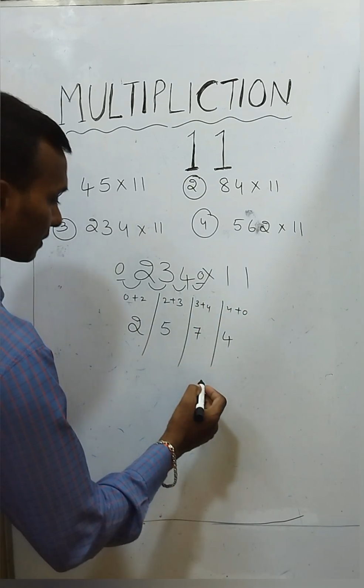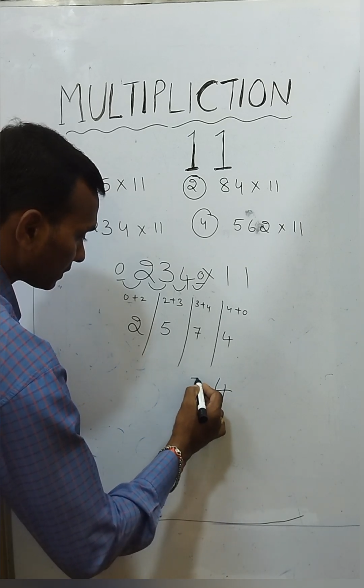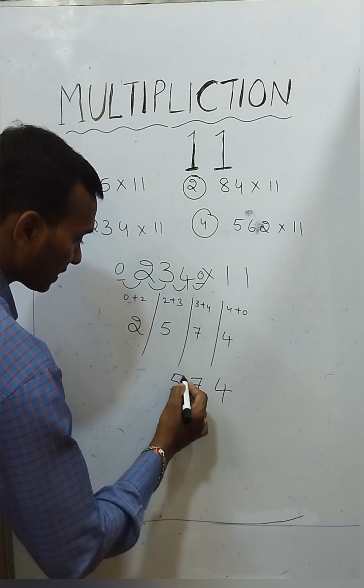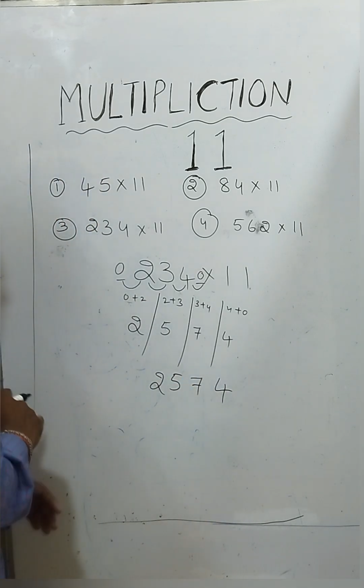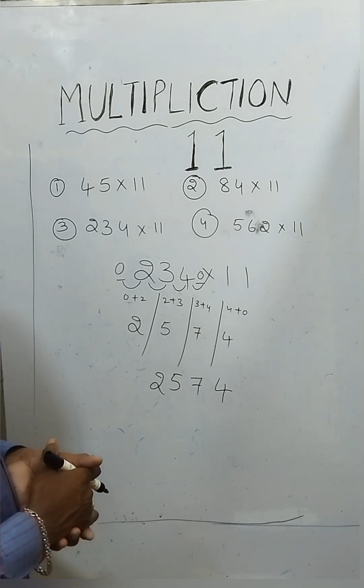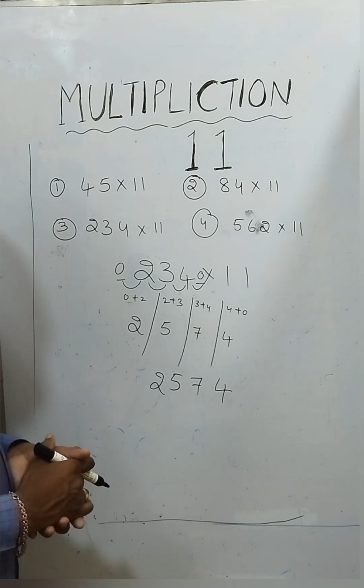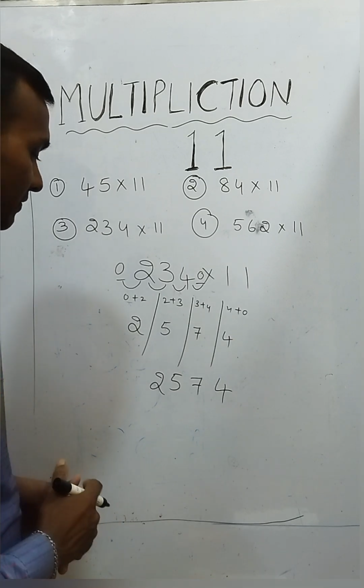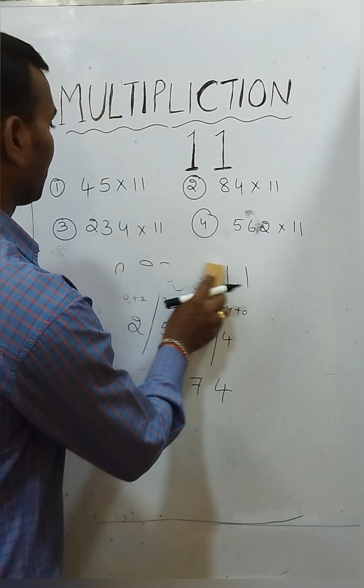Therefore, the answer is 4, 7, 5, 2. All are single digits, directly we can write. The answer is 2574.